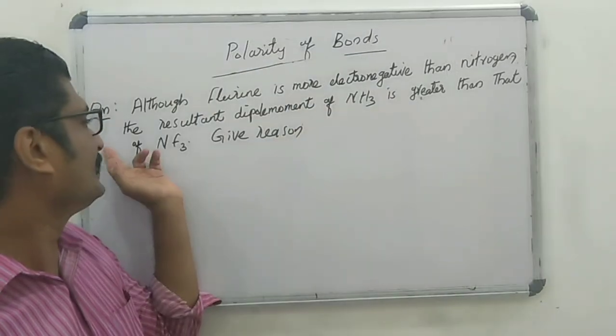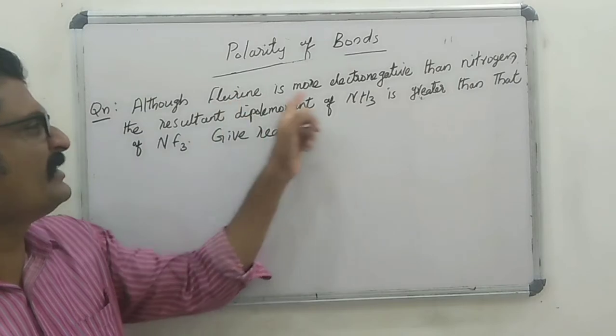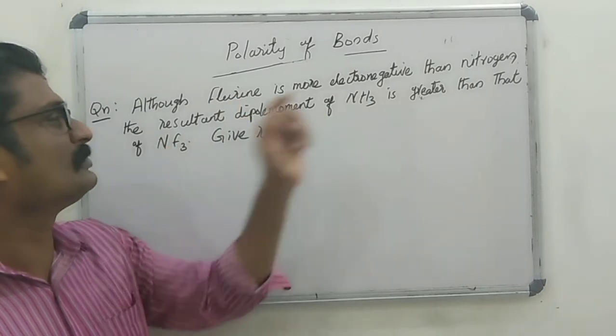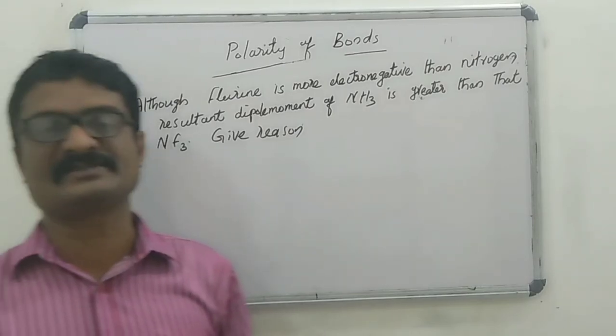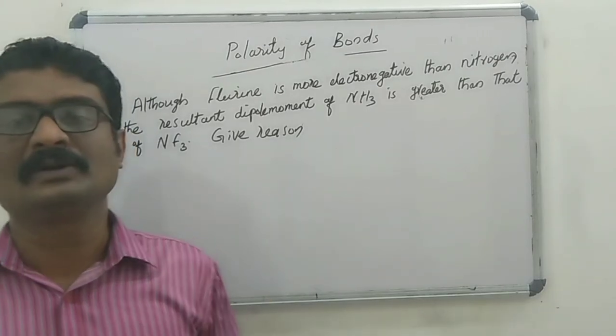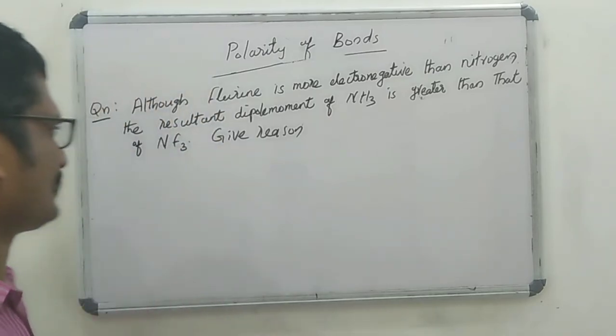Then please read this question, an important question. Although fluorine is more electronegative than nitrogen, the resultant dipole moment of NH3 is greater than that of NF3. Give reason. Listen, we know both NH3 and NF3 have pyramidal structure.